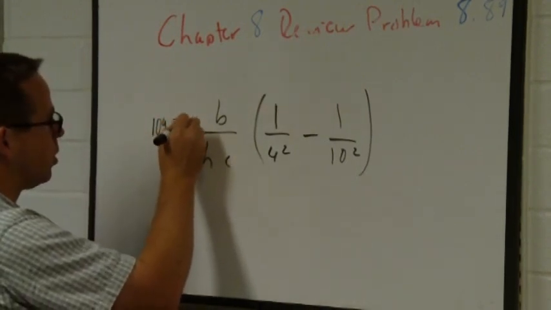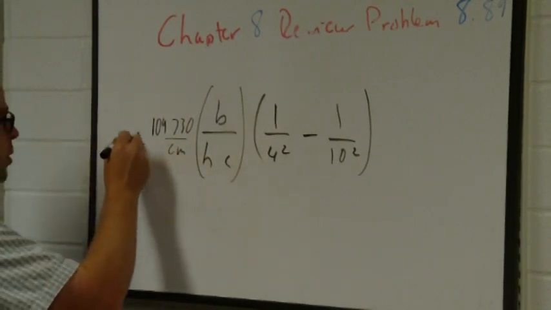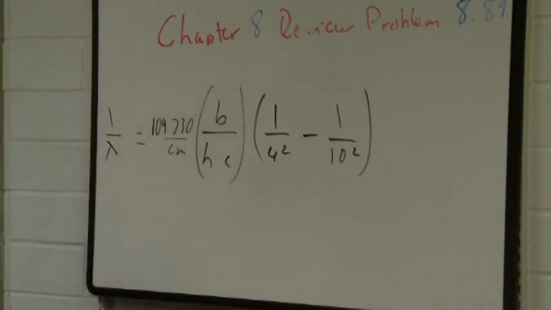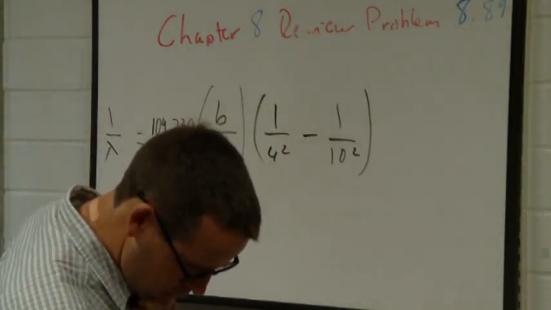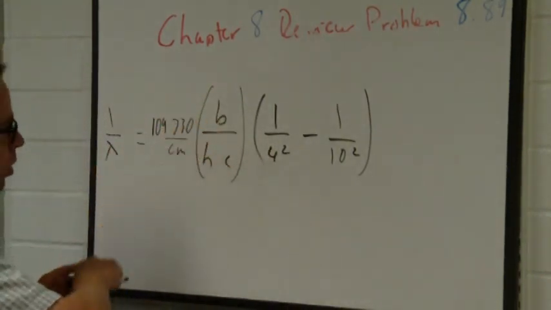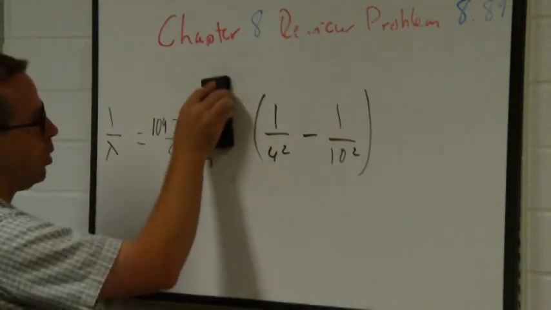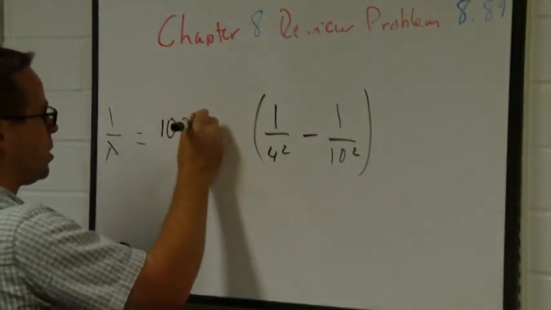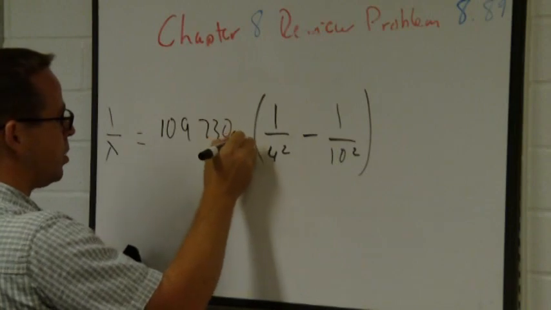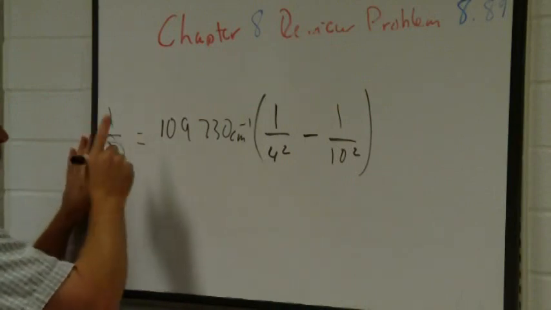Let's see, what's C equal to here? Oh, no, that's all combined. Sorry, I messed this up. So this is our B over HC, 109,730, and that's centimeters to the minus 1, or per centimeter. Now if we use this equation, this will give us our wavelength, but it'll be in centimeters.